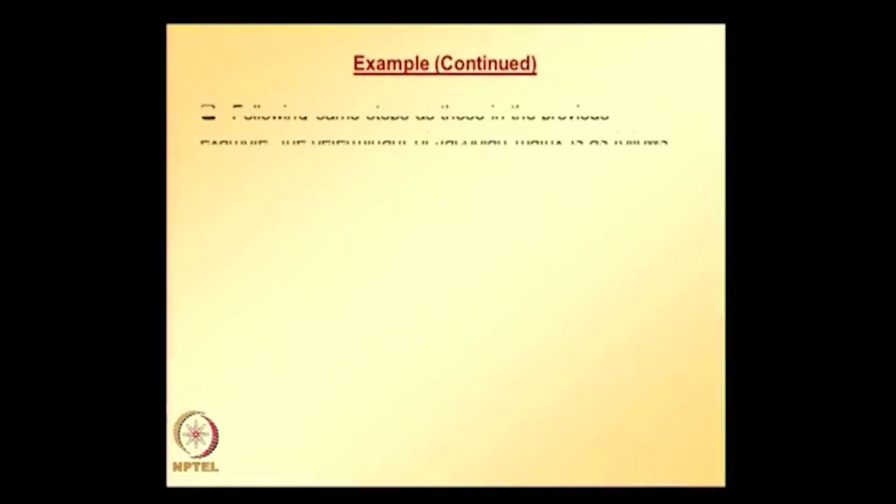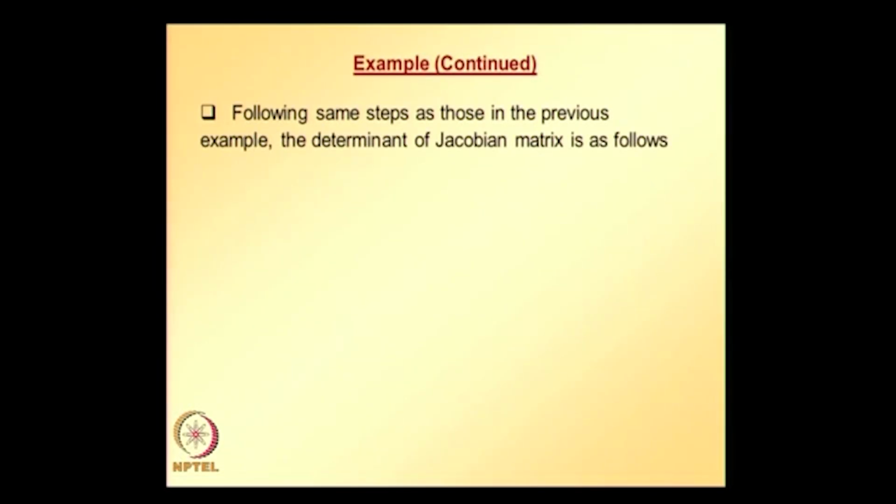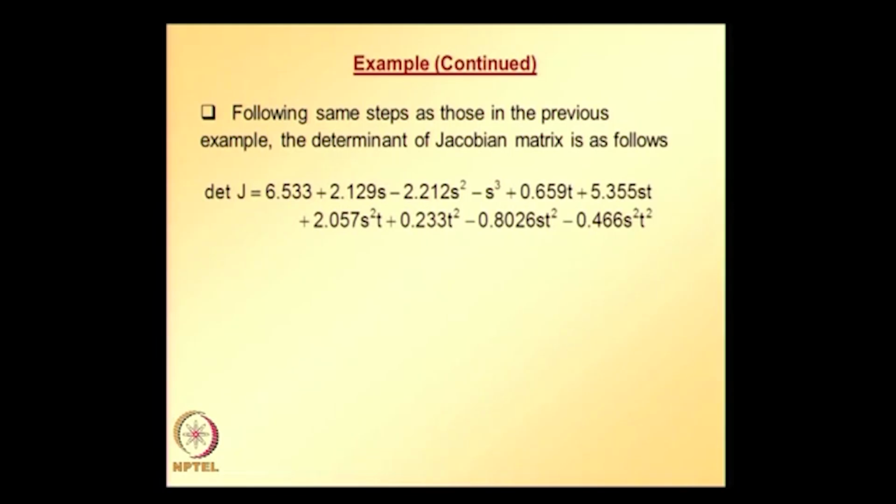With this change we can repeat the entire process following the same steps as those in the previous example. The determinant of the Jacobian matrix, which is determinant of J, is given by this one.